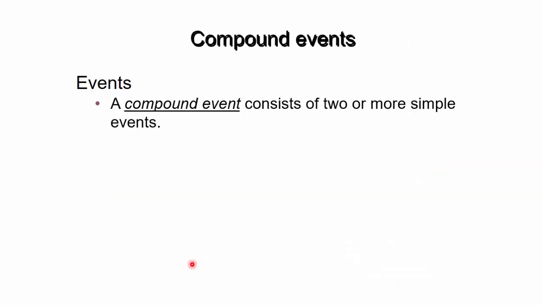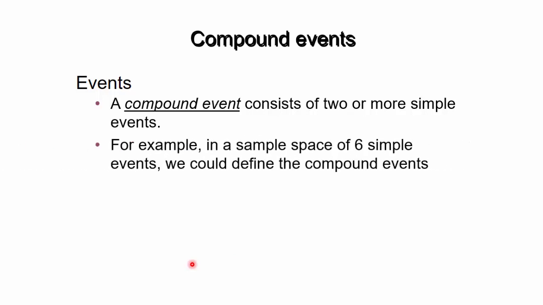You could also define events which are compound, in the sense they include 2 or more simple events. So an example of a sample space of 6 simple events could be defined using compound events such as: event A consists of elementary events E1 and E2, and another set B consists of 3 elementary events E3, E5, and E6.